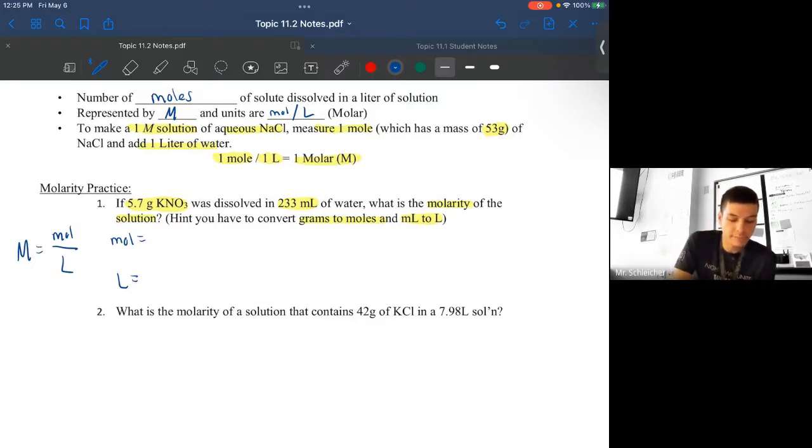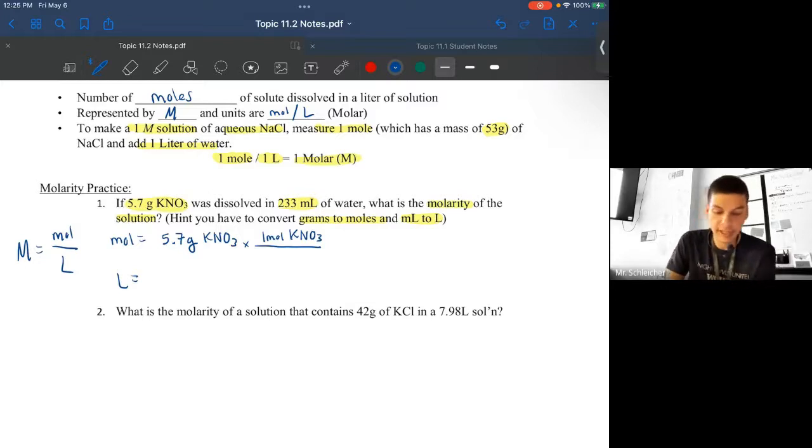All right, so in terms of moles, we do not have the number of moles of KNO3 right now, but we can solve for it with a little bit of dimensional analysis. For every 1 mole of KNO3, we have a certain number of grams of KNO3, and that is going to be the molar mass of KNO3.